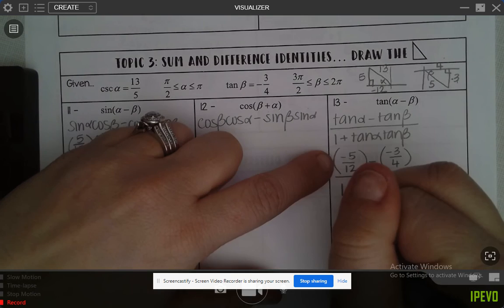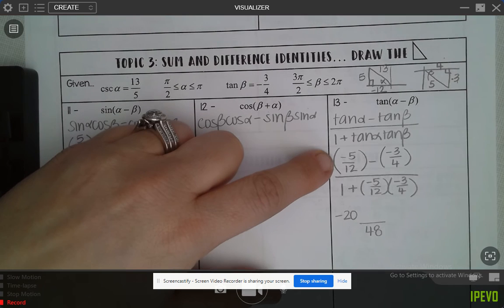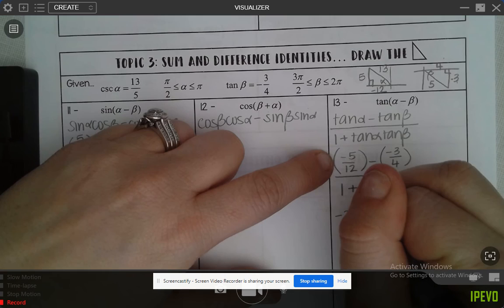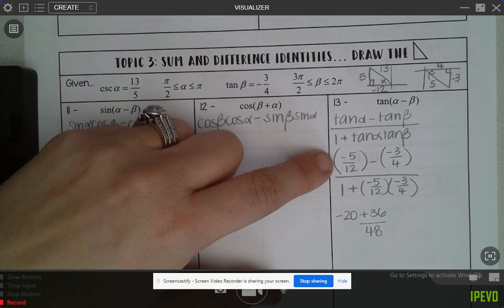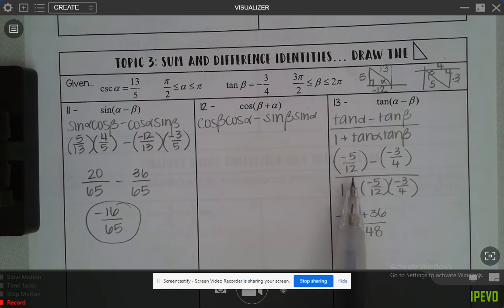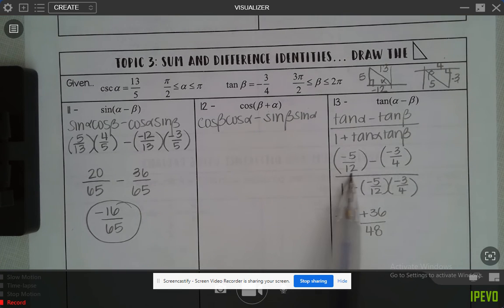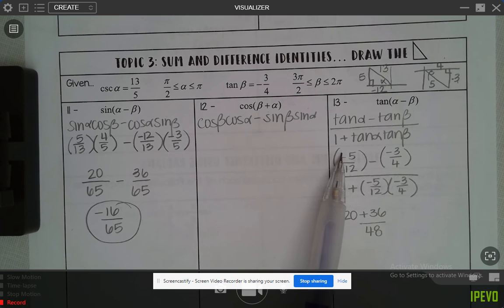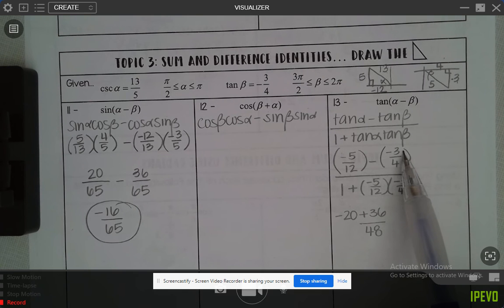So this is negative 20. And this becomes a positive 36. Here's why. Multiply this by 4, yes. Multiply that by 4, yes. Multiply this by 12. And it's negative, so two negatives is a positive. Everybody see what I did there?